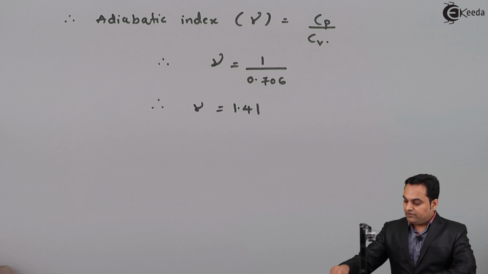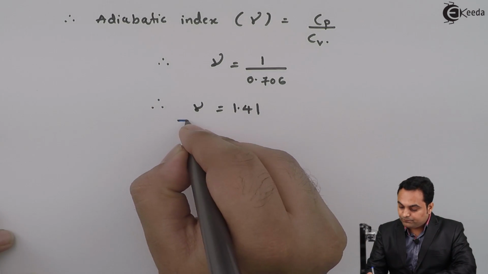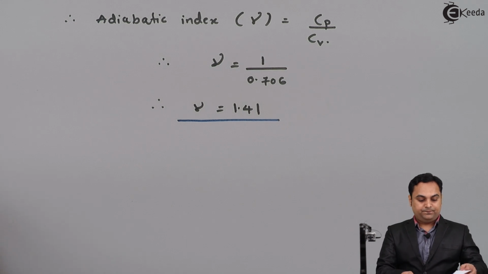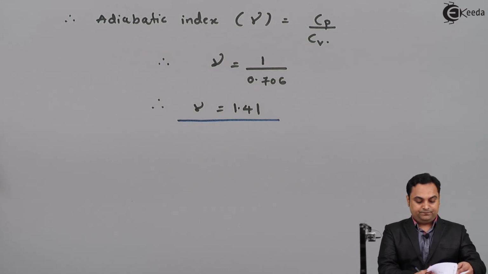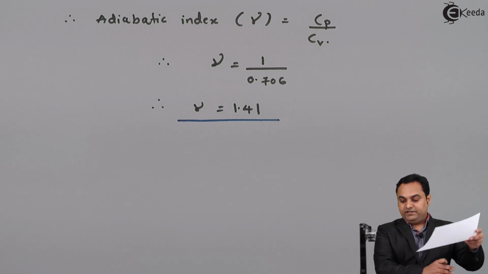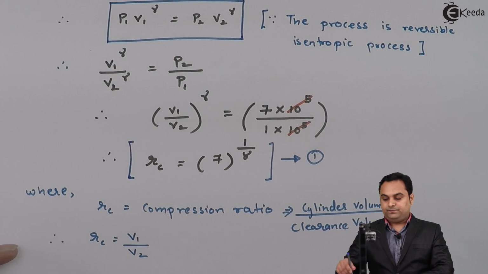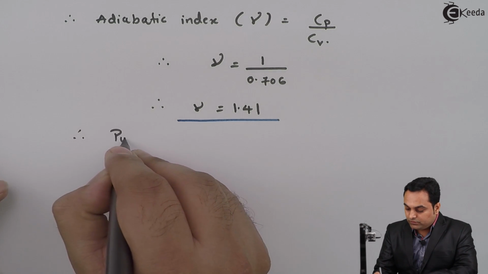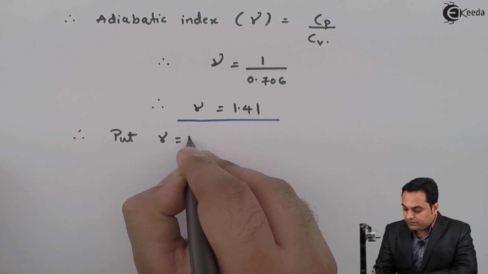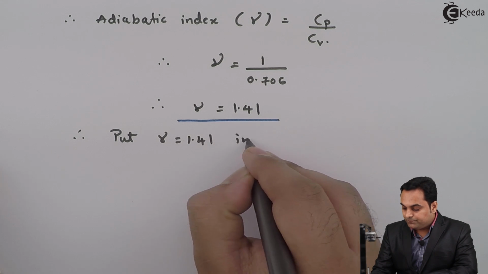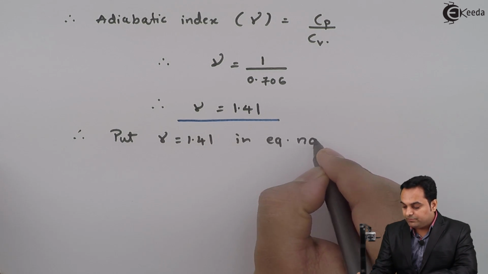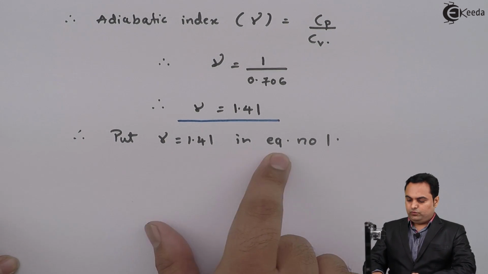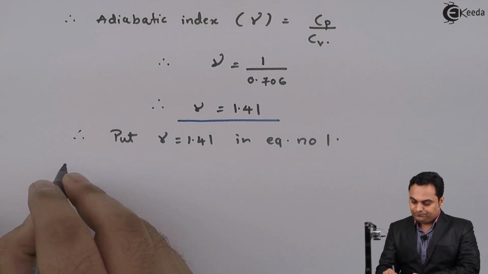Now after getting this gamma value, I will put it in equation number 1, wherein we will get the value of RC. So I put gamma equal to 1.41 in equation number 1.